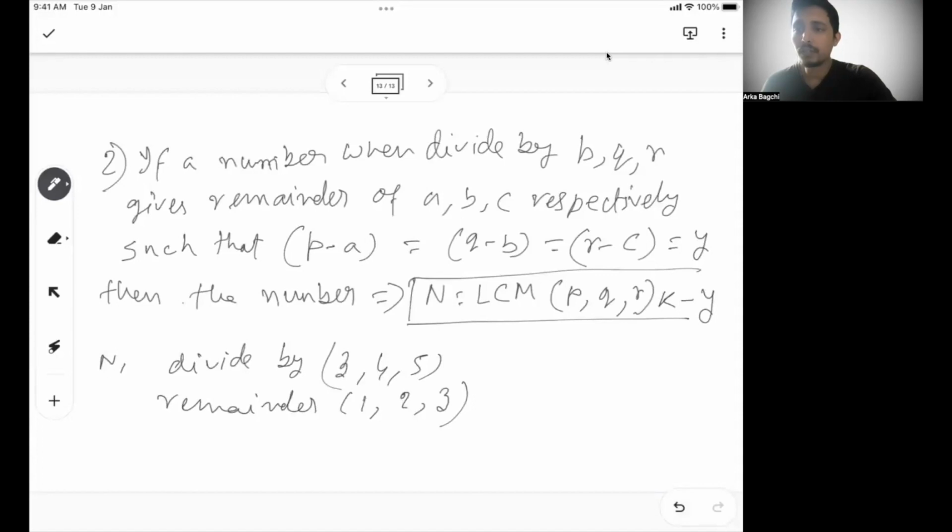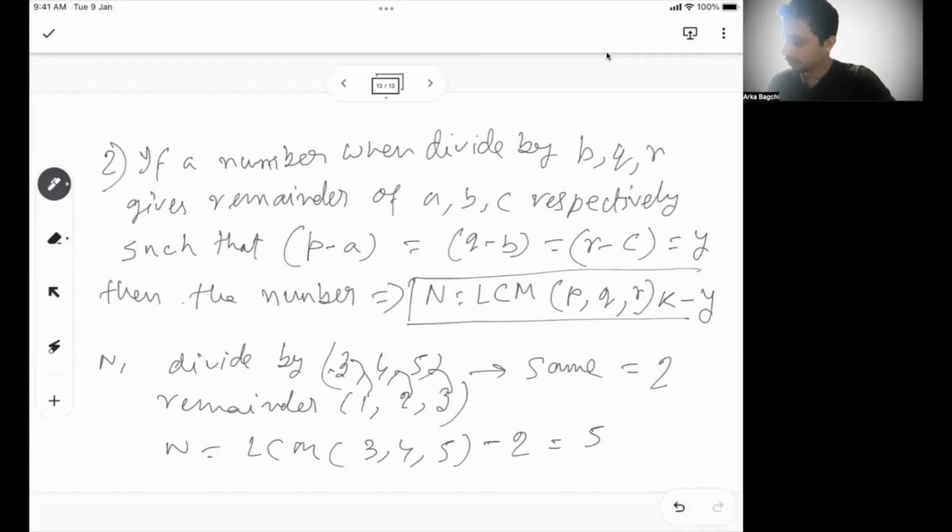Now your remainders are not the same. But if you see the gap between 3 and 1, the gap between 4 and 2, and the gap between 5 and 3, these are the same. So the gap is 2. Then the number is LCM of 3, 4, 5 minus 2. The LCM of 3, 4, 5 is 60. 60 minus 2, 58, is the number.